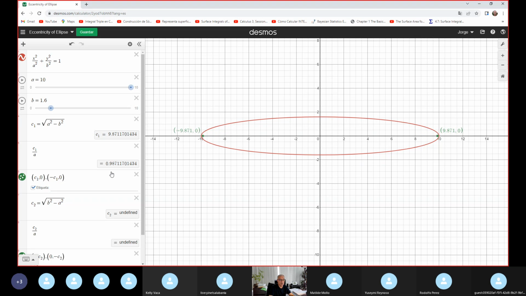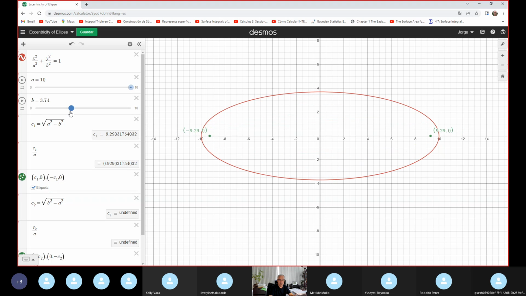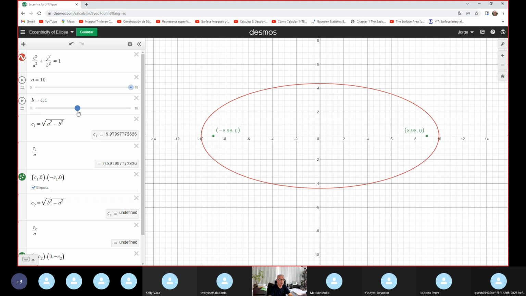The eccentricity is closer to 1: 0.98, one more, 0.99. Almost 1. Do you see? So eccentricity is a parameter that gives information on how flat or how rounded our ellipse is. Suppose, let me select one value. Suppose 5.